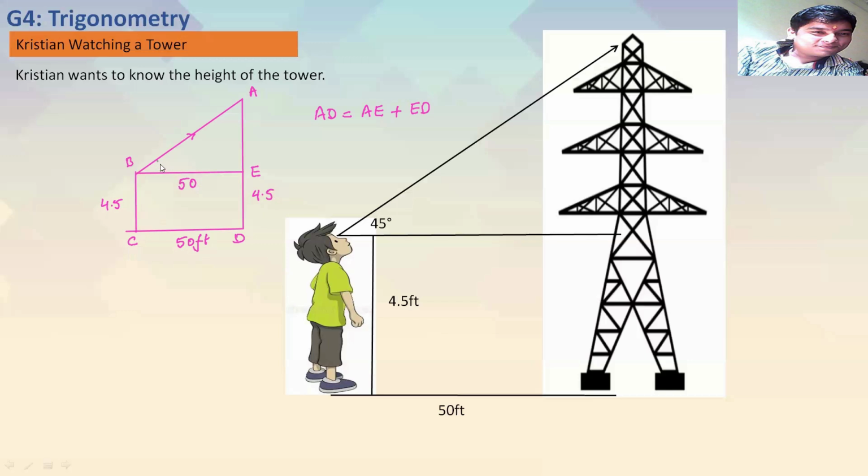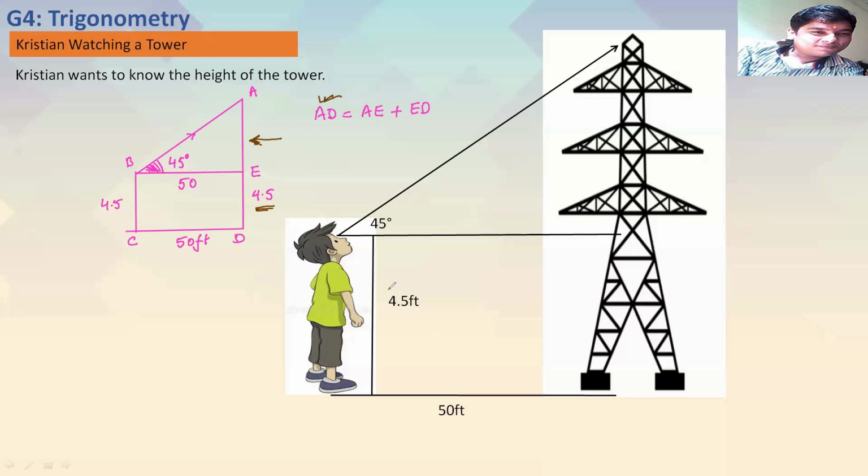And this angle is given. Do you notice that this angle is given? All right, fantastic. So this is 45 degrees. Now, the question is how to figure out AE. We know ED is 4.5. If we can figure out the length of AE somehow, then we are done. We will have the value for AD.